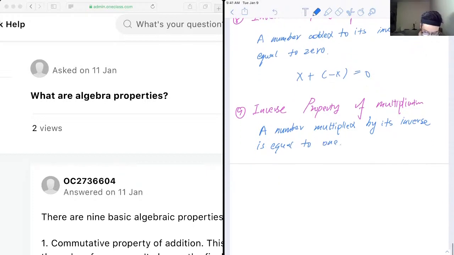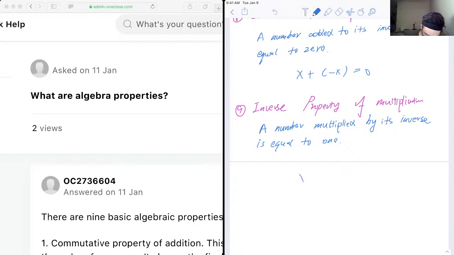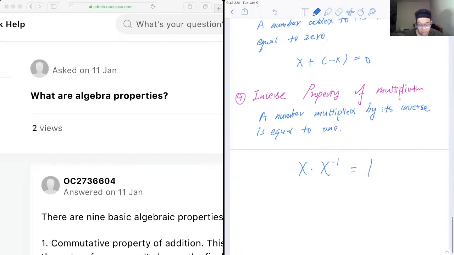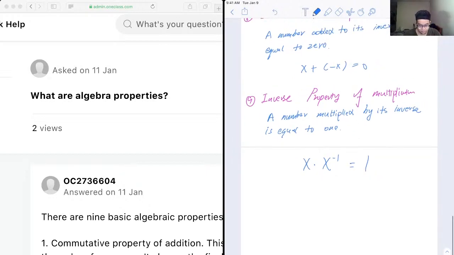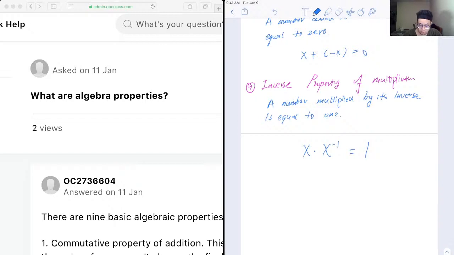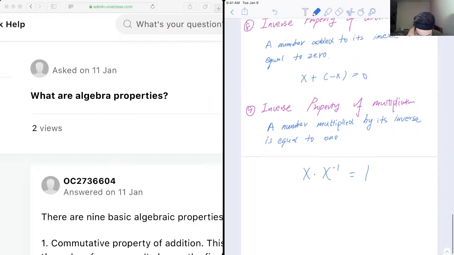Which means x times x to the exponent of -1 is equal to 1. So those are the 9 basic algebra properties.